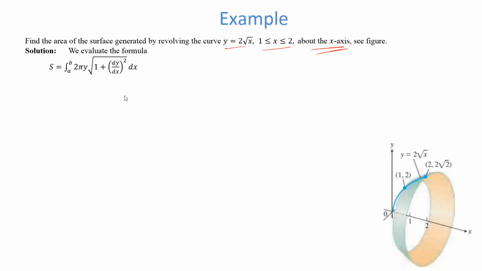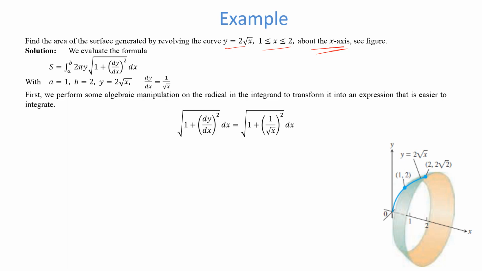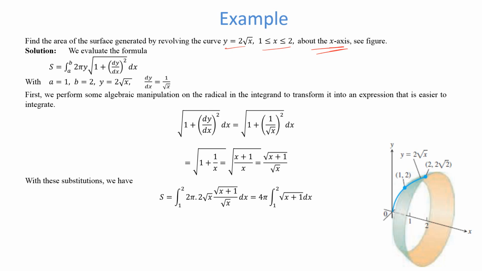Now the rest is just a matter of calculations. You just have to find all these values, that is, differentiate the function and plug in the values. So we are going to have the surface area, which is equal to 8 pi over 3 into 3 square root 3 minus 2 square root 2.